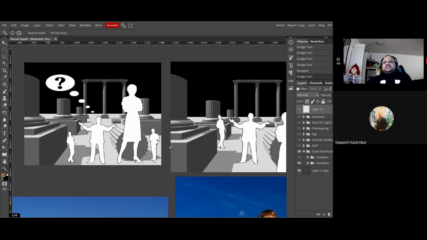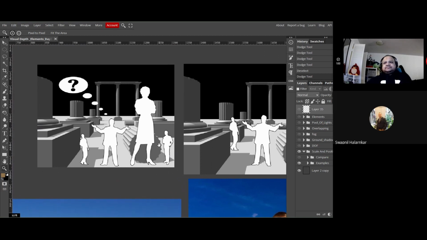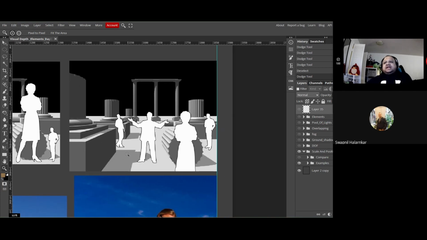See, we were talking about the same example, a different scale of the object or the character, but in the same line. And it doesn't help actually. It looks like she's a very huge monster and these people are very small. But when they are positioned in the right places, you feel that there is a depth.